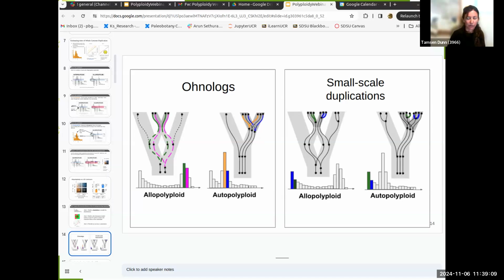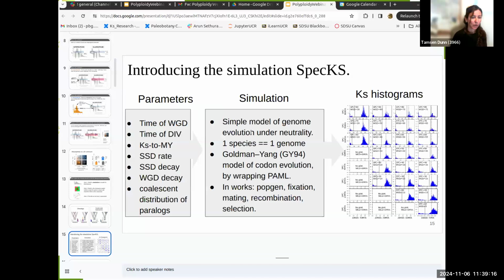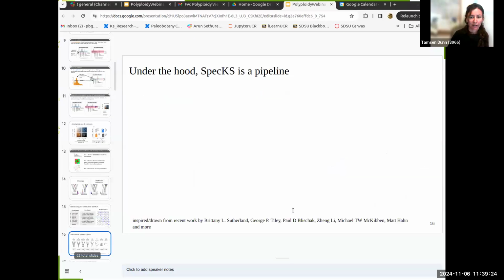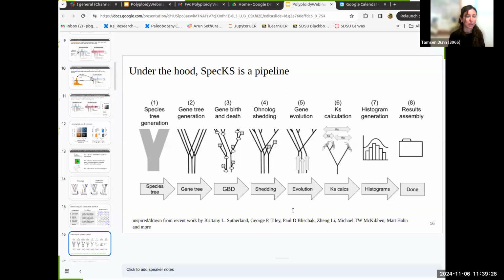In my model, I allow the user quite a lot of freedom with what kind of distribution they want there. So given the parameters and the simulation, I'm able to generate a large range of KS histograms that have a pretty characteristic shape. The simulation has 8 modules to it.